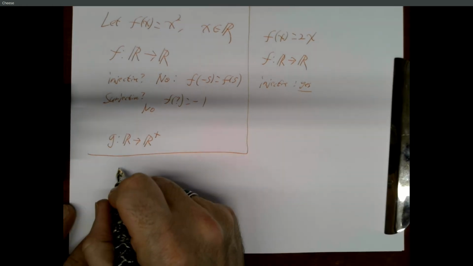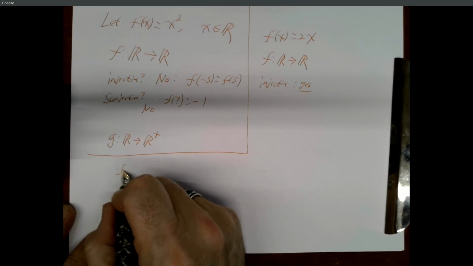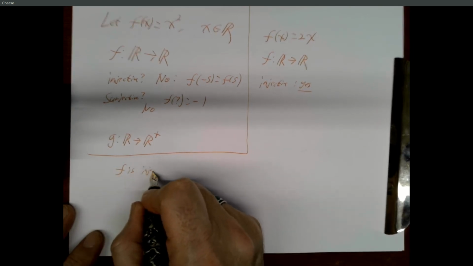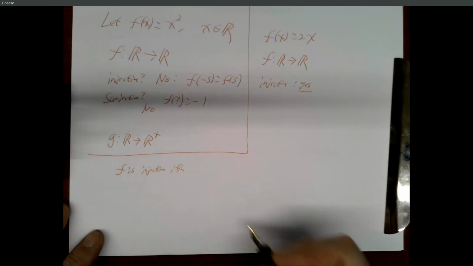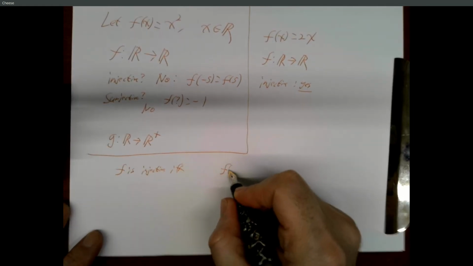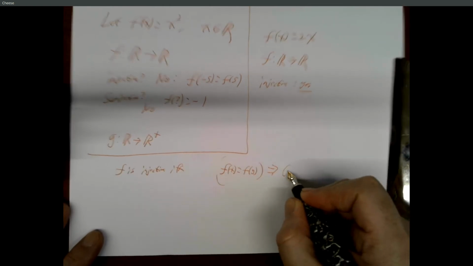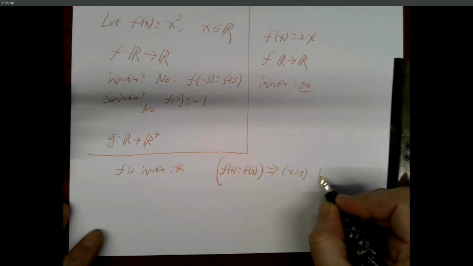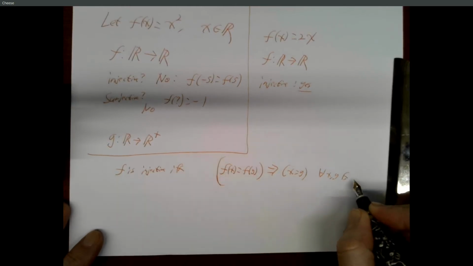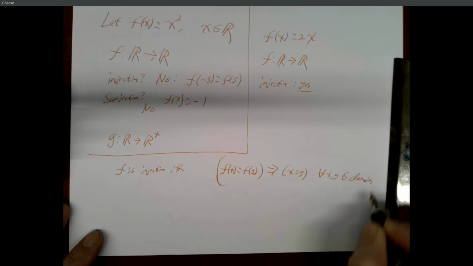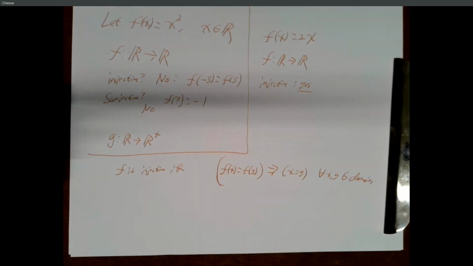If we wanted to get chapter 3-ish on this, f is injective if and only if f of x equals f of y implies x equals y for all x, y in the domain. f is injective if the only time that f maps things to equal values is when the two things being mapped are the same.